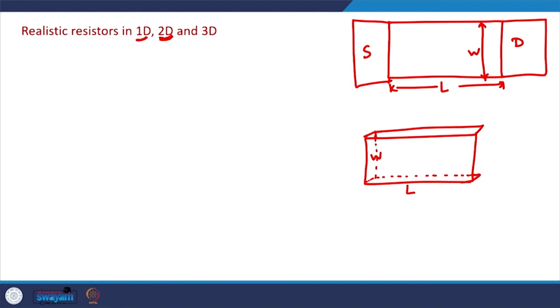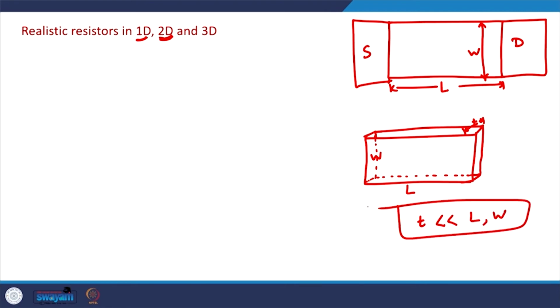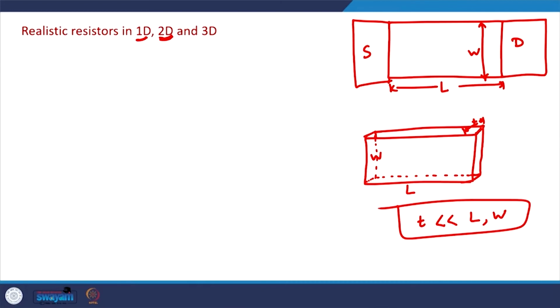This thickness is generally represented as T, and typically it is extremely small compared to the length and width. So practically a 2D material is not exactly 2D; it is a 3D material in which one dimension is extremely small compared to the other two. This thickness is of the atomic scale.